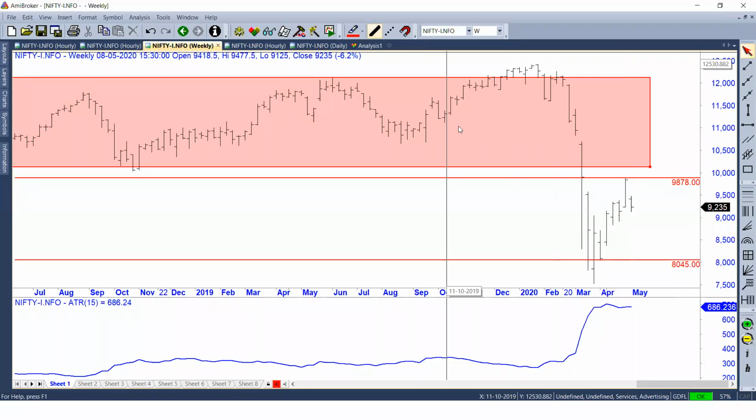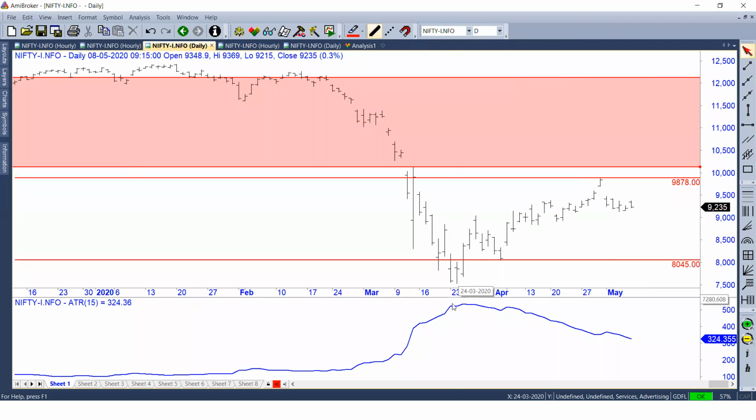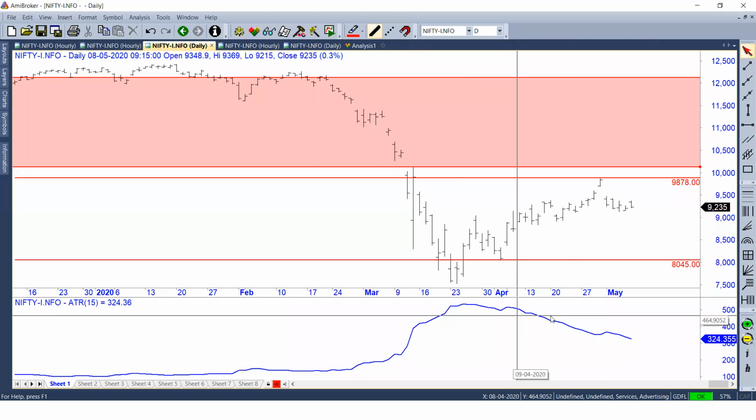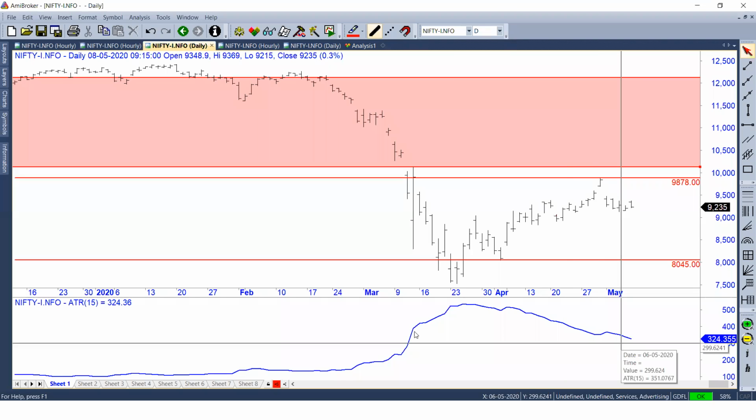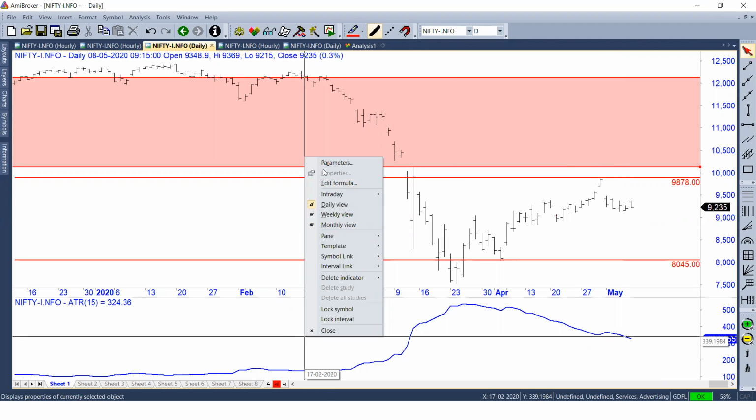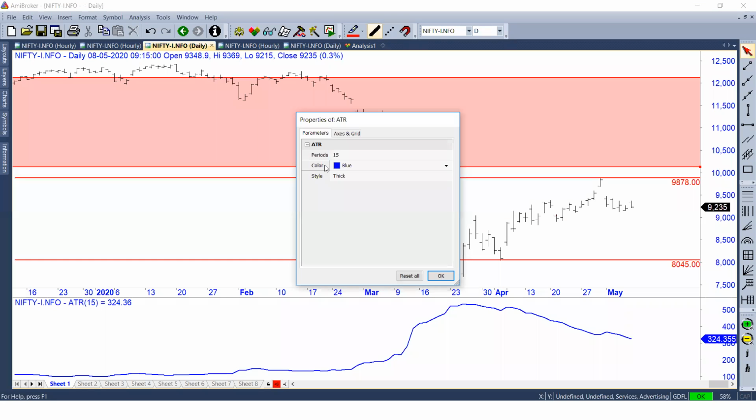And if you see the daily volatility, you will be surprised. Right from March 23rd onwards, it's been on a slow and steady decline. Of course, I prefer to use something like 10 as the ATR period, because I don't prefer to use 15.